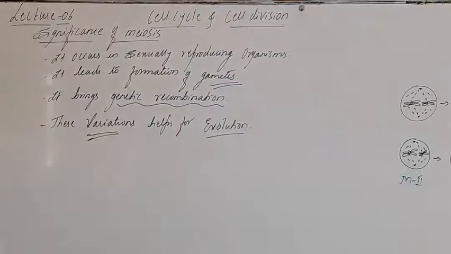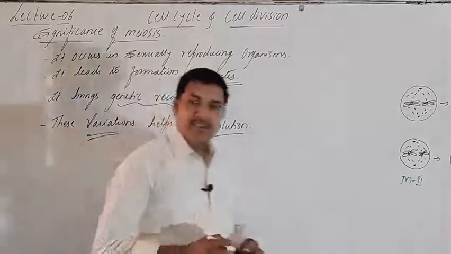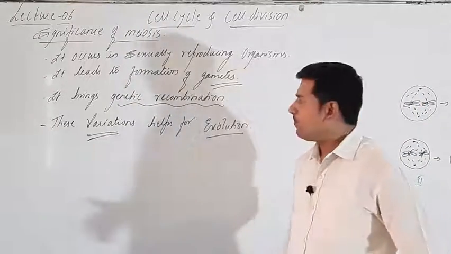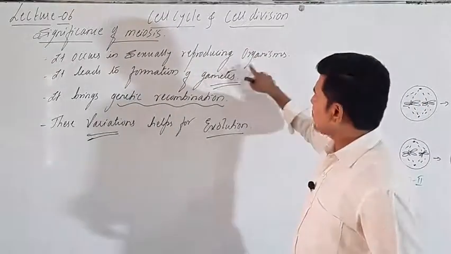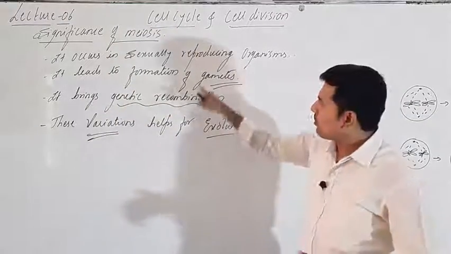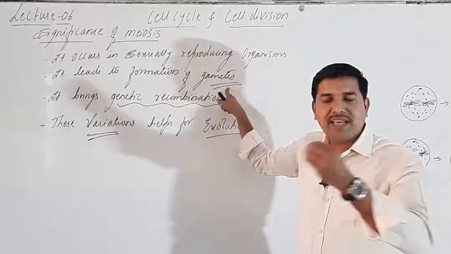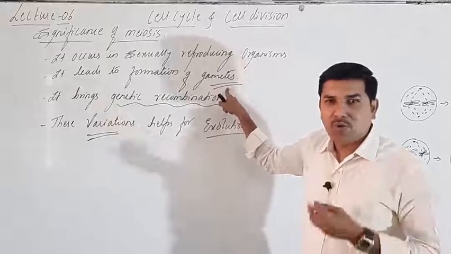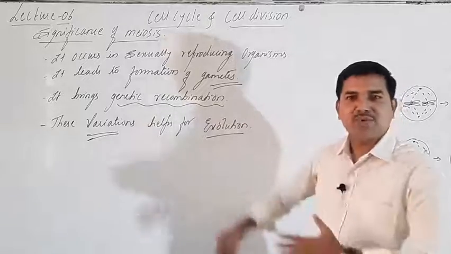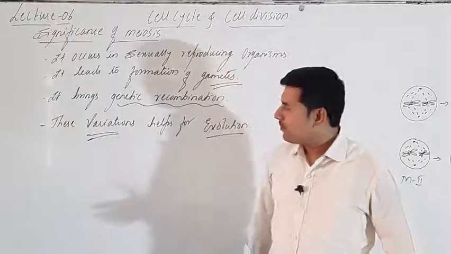So this is regarding the significance of meiosis. We call this the significance of meiosis. It occurs in sexually reproducing organisms, where finally it leads to the formation of the gametes. So gametes have to be formed, egg and sperm, or ovum and sperm have to be formed. That's why it occurs in sexually reproducing organisms.